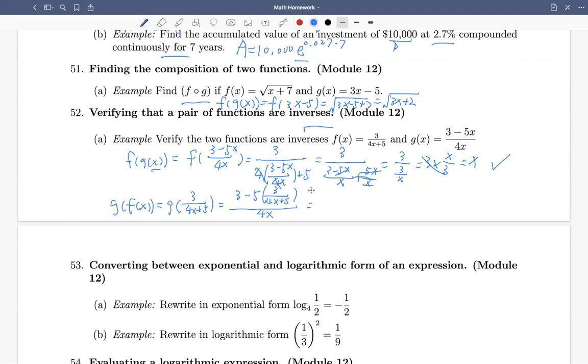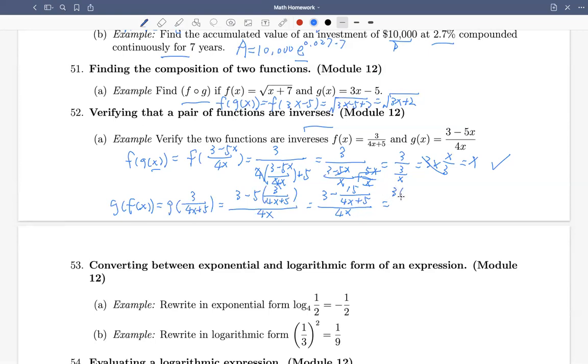Okay. So let's simplify the numerator. So I have 3 minus the 5 times 3 in the numerator, that's 15, divided by 4x plus 5. Then everything divided by 4x. Now for the 3, I want to multiply by 4x plus 5 because I need a common denominator to simplify, right?